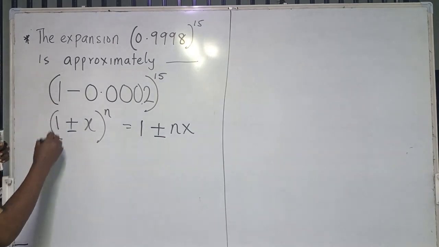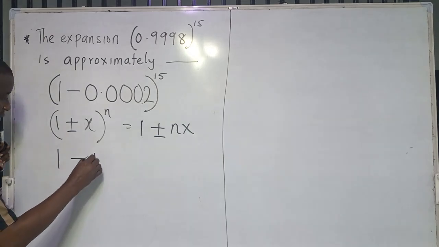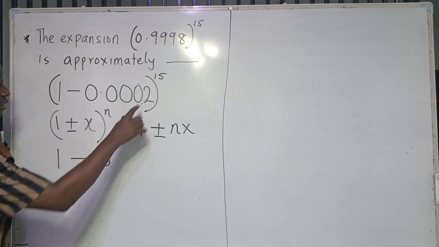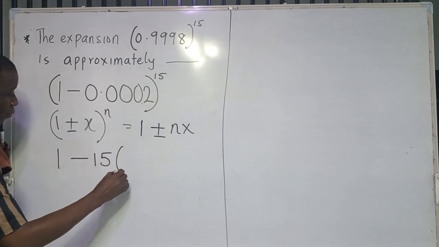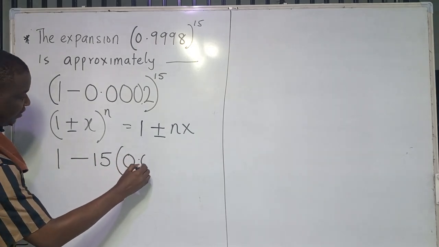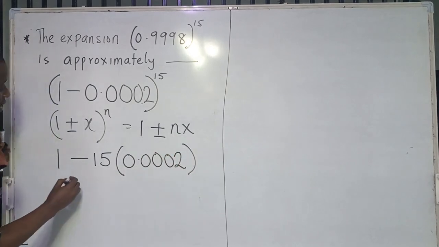So what I'm going to do now is say 1 minus 15, which is the power n here, because of the minus that is here, times 0.0002. What will now be our value?